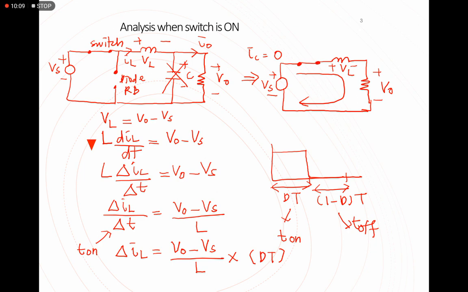This delta IL means the change between the maximum and the minimum of your inductor current. So you get the first equation, which I denote as 1.